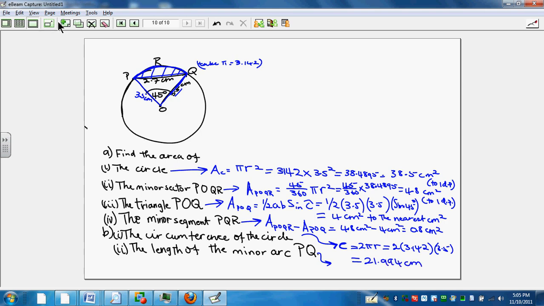And if we round that off to 1 decimal place, you'll get 22.0 centimeters. Okay, so if you round it off to 1 decimal place, you'll get 22.0 centimeters.